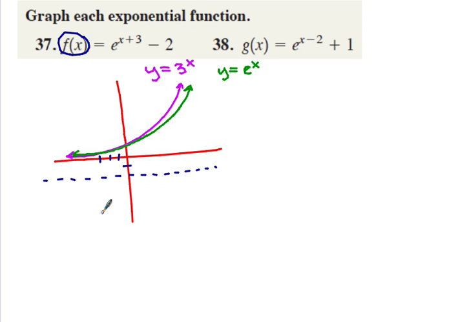Okay? Now, one thing I want you guys to be aware of, because this was the common error I saw last year. When you shift this, usually that's a coordinate point, right? So you'd go over 3, down 2. Is there a coordinate point here? No. No, that's my asymptote. Where is the coordinate point at? It's up 1, because that's typically what our y-intercept is.